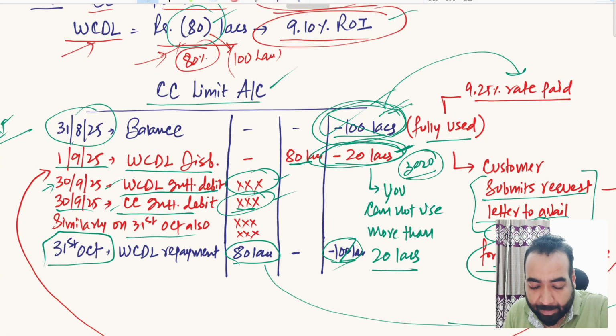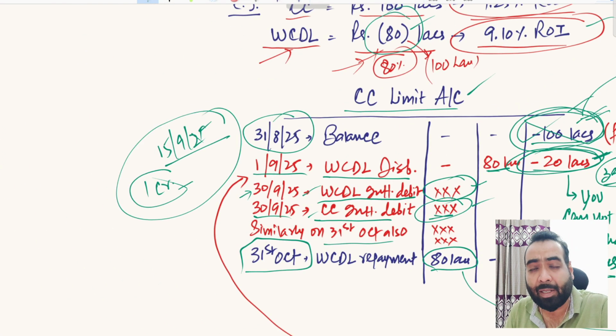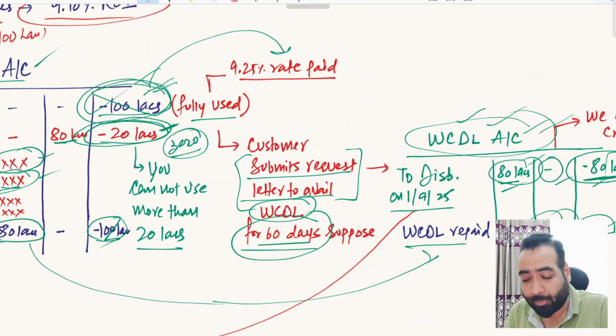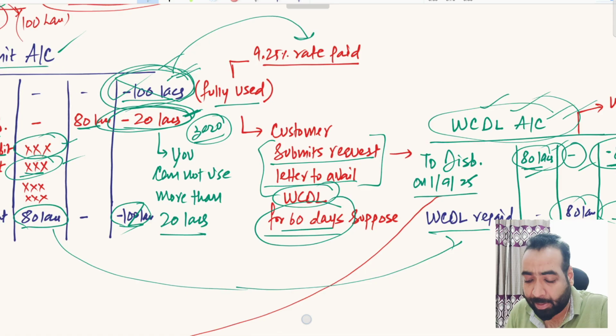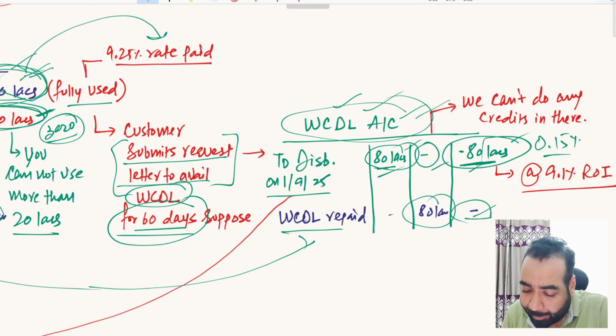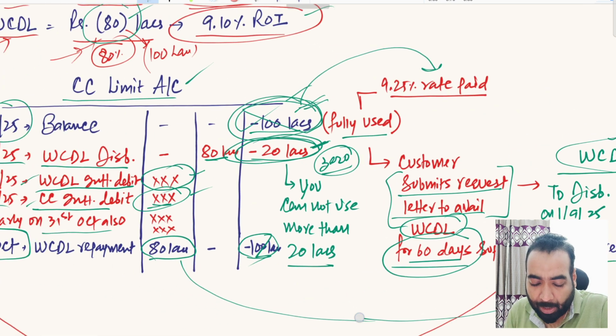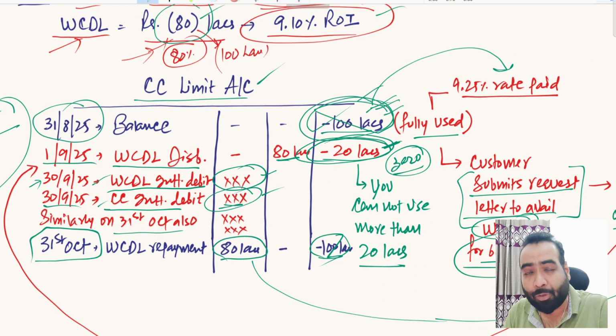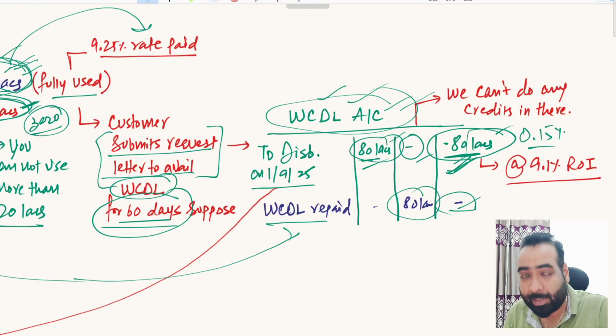So in that scenario, if you submit a request for WCDL for a 60 days period, then you have to pay interest on that 80 lakh rupees for sure for the next 60 days. Even if you receive 1 crore rupees on 15th September and your limit gets into credit, still you would have to pay interest on this 80 lakh rupees.